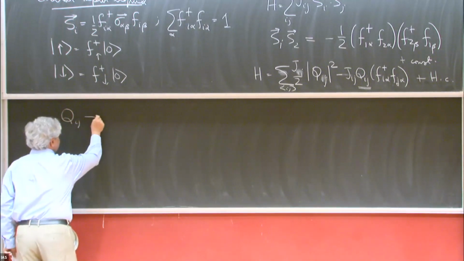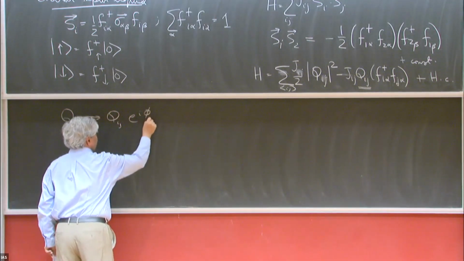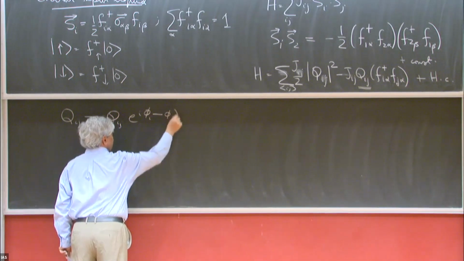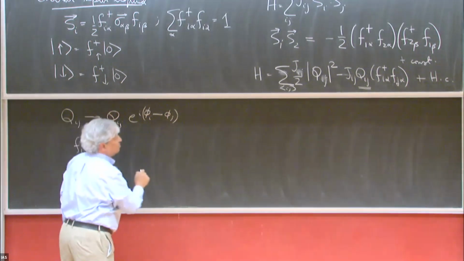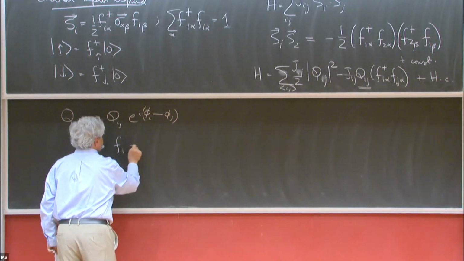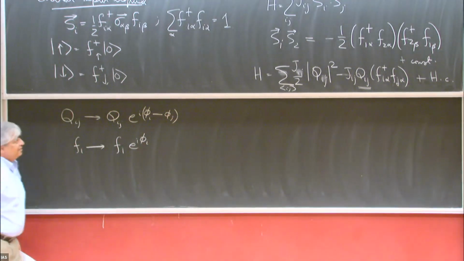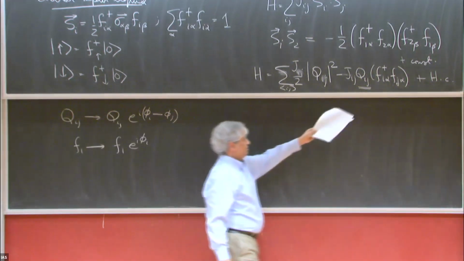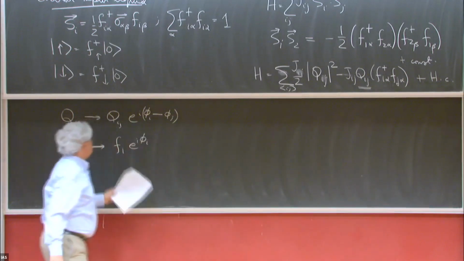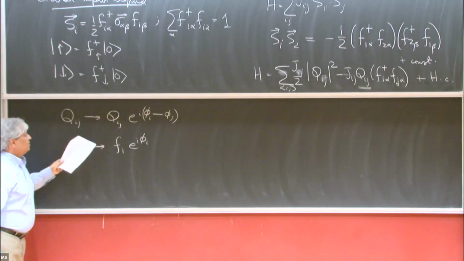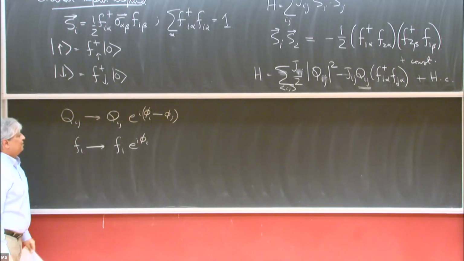In this case, the gauge transformations are Qij goes to Qij times e to the i(phi i minus phi j), and Fi goes to Fi times e to the i phi i. So this is the gauge transformation of the Qij.